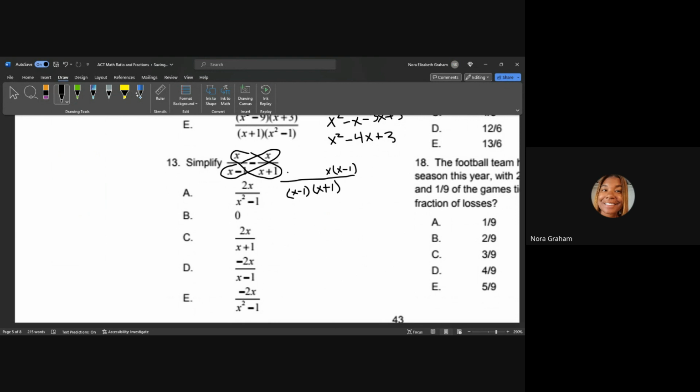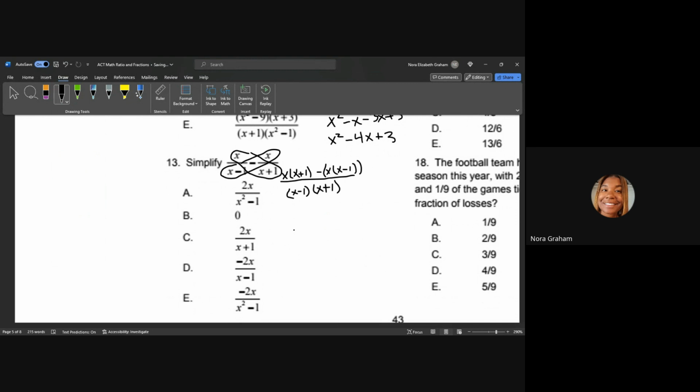I have x times x plus 1. And right here, you want to be careful because we do have a subtraction. So you're going to have to distribute that subtraction sign all the way through for your second term, right? That's where a lot of people mess up. So you have to remember, and I always put parentheses right there to remember that.